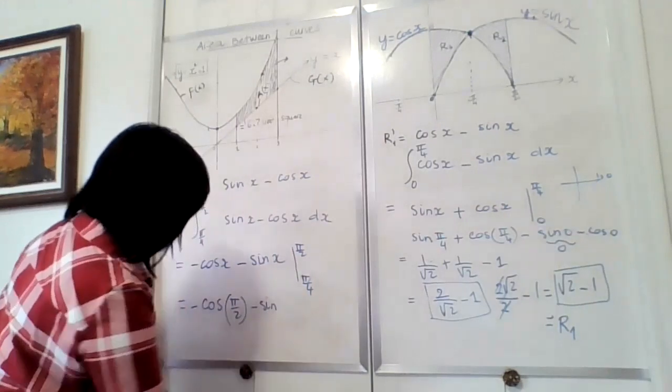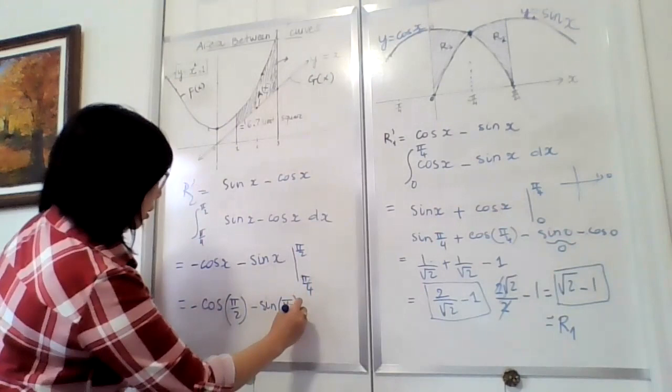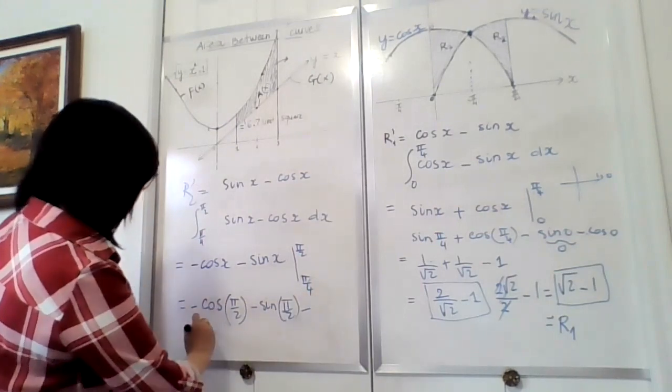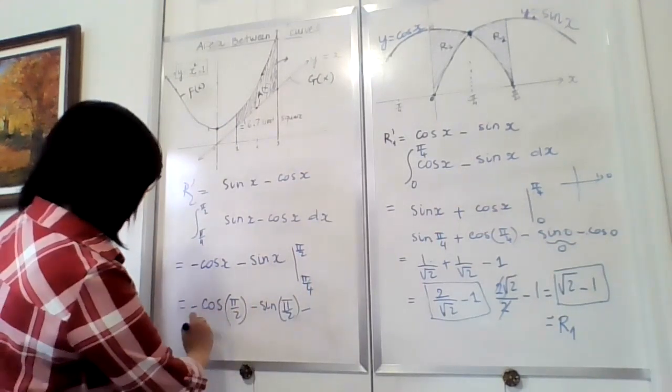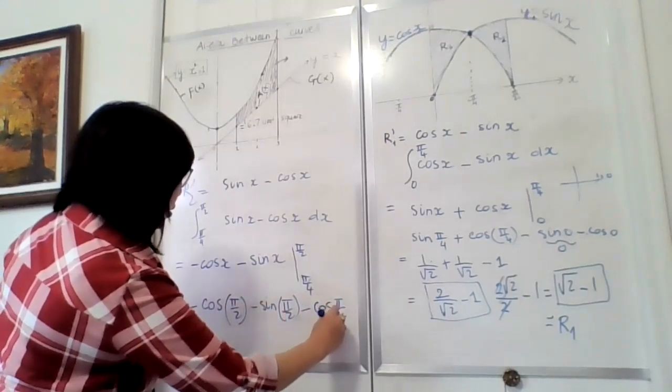It should be sine pi over 2, and then minus cos of pi over 4.